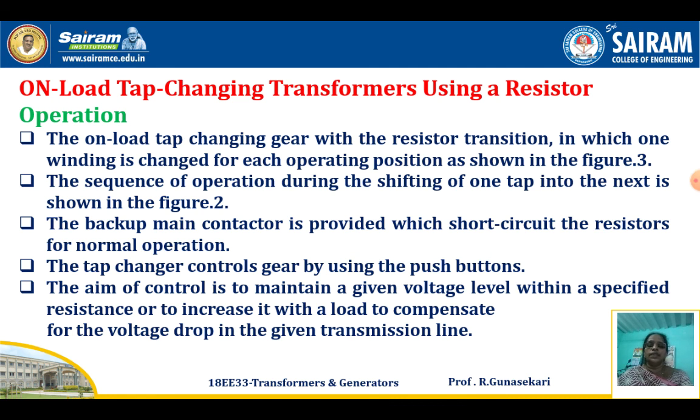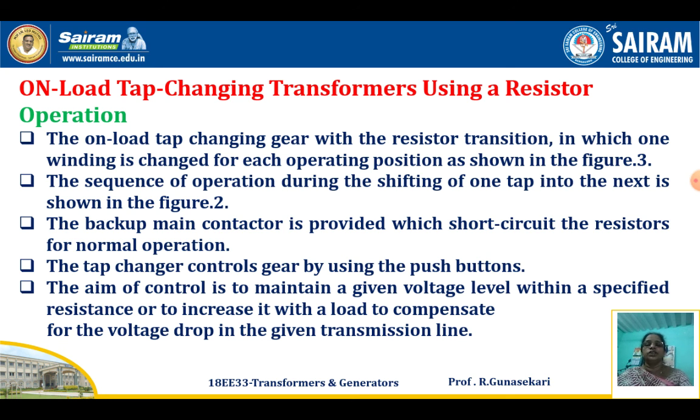The same thing is explained in this slide. The sequence of operation during the shifting of one tap to the next tap is shown in the figures. A backup main contactor is provided which short circuits the resistor for normal operation. This on-load tap changer gear uses resistor transition in which one winding is changed for each operating position.